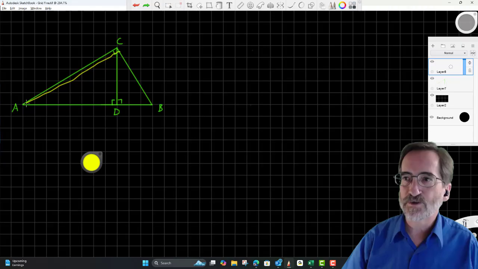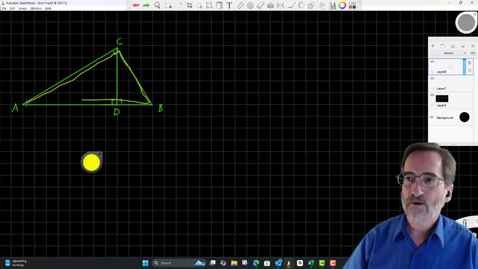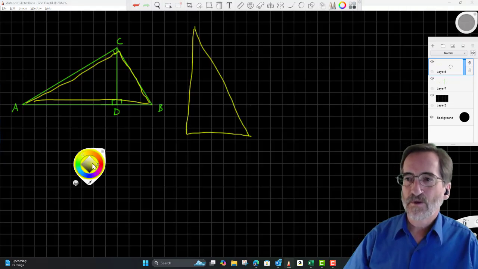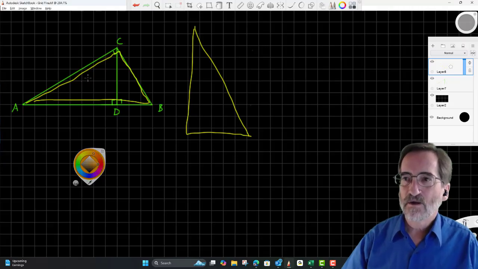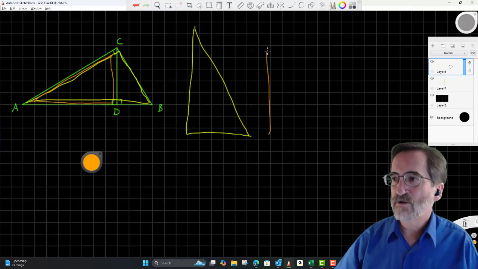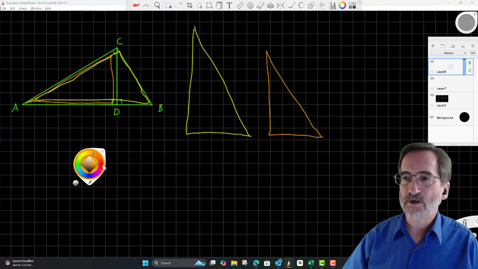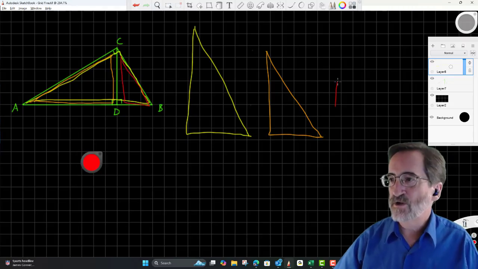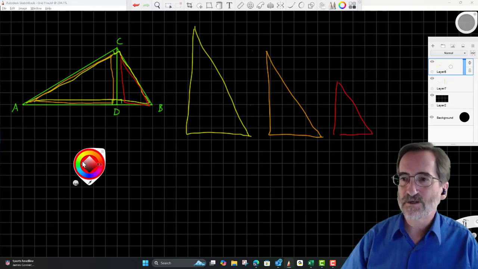We've got the original triangle right there, and I'm going to redraw it over here. Then we've got the medium-sized triangle, and I'm going to flip it around and rotate it. And we've got the small triangle right here.